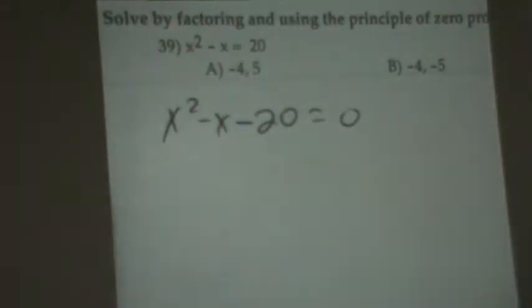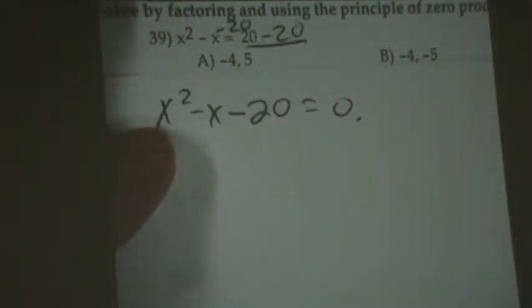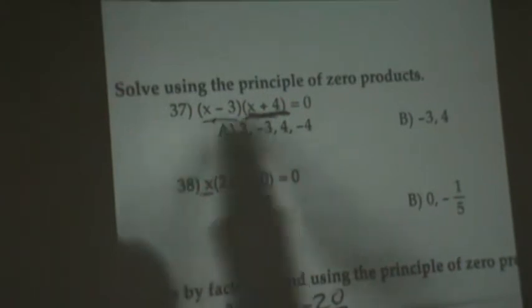If we subtract 20 right here and right here, then this is 0. Now we have something that needs factored equals 0, like the ones we just did, where we set each one of these equal to 0.